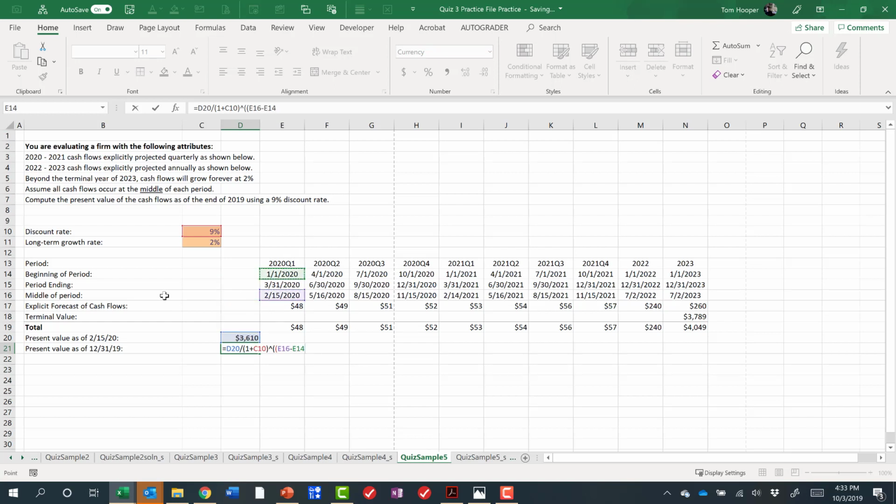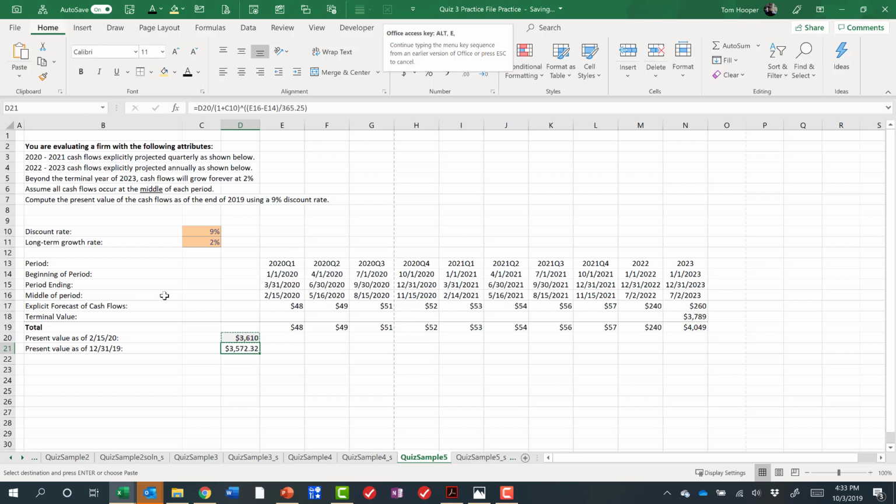We want that as a fraction of a year, so we'll divide by 365. We can even go by a quarter since every fourth year is a leap year. And so the present value at the end of 2019, technically we counted it on January the 1st, is 3572.